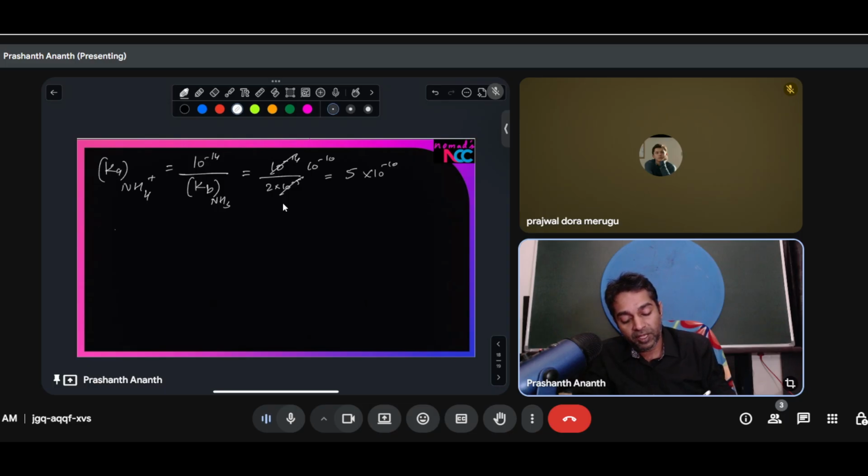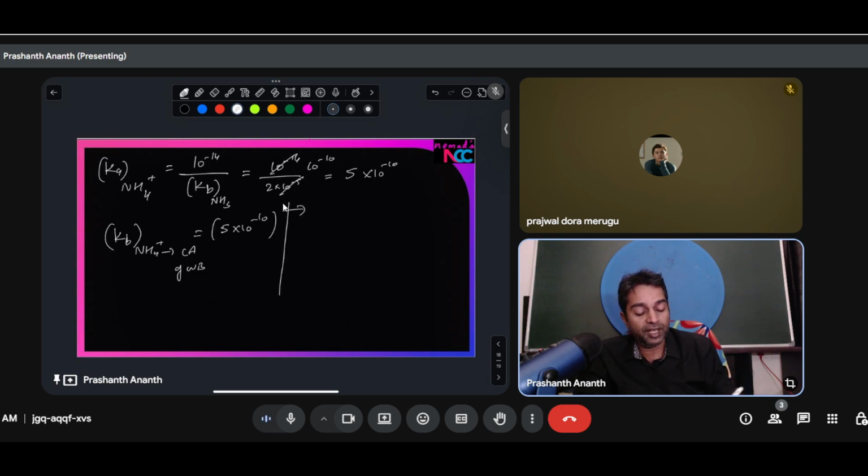So my Ka of the ammonium ion, which is the conjugate acid of a weak base, is going to be 5 x 10^-10. This is of course saying that the Kb in this case for my conjugate acid is less than 10^-3. What the heck? Conjugate base of weak acid. Oh, sorry.